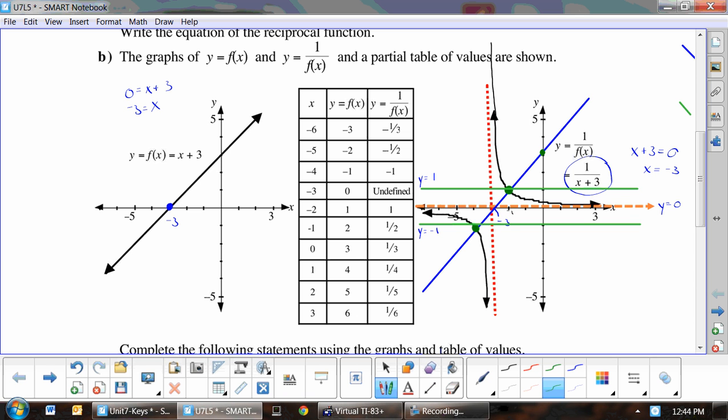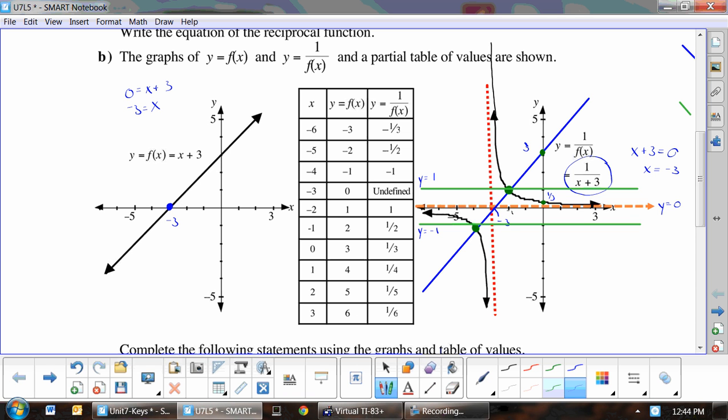That's the reflection, right? So if it's positive, it stays positive in reciprocal graphs. But what's the reciprocal of 3? Exactly. So where we have 3 here, we have 1/3 here. That's true of all of the y values on our entire graph.